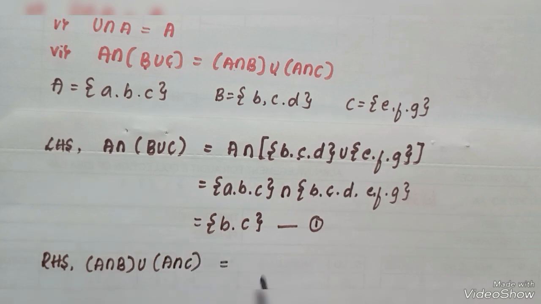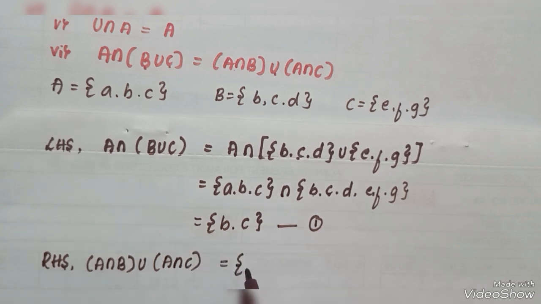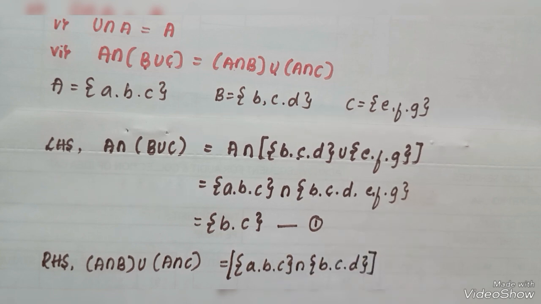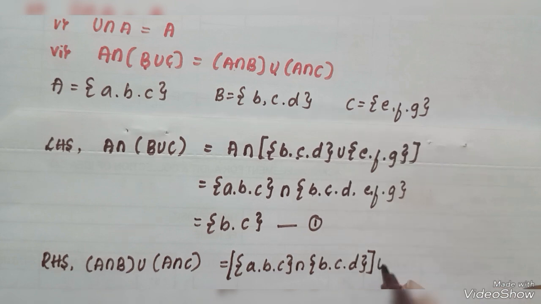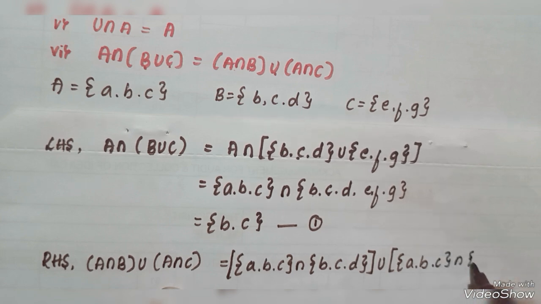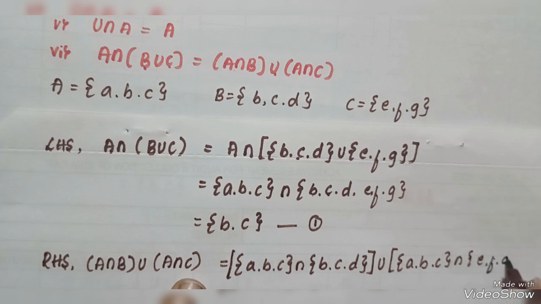Here first I am considering A intersection B. What are the elements? A, B, C intersection set B, B, C, D. Okay, this bracket closes. Union of again bracket A, B, C intersection C, that is E, F, G.